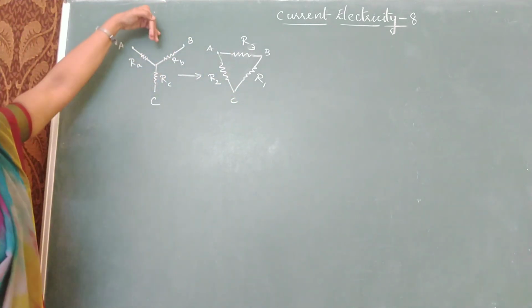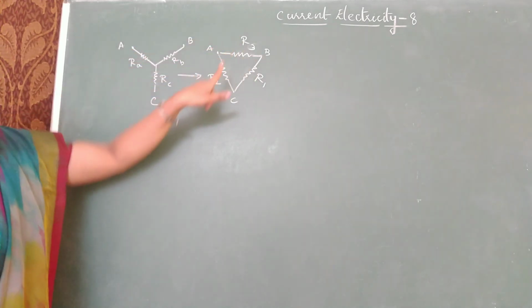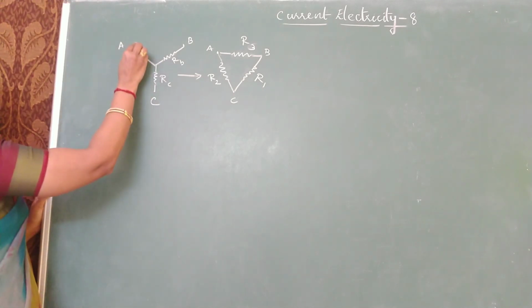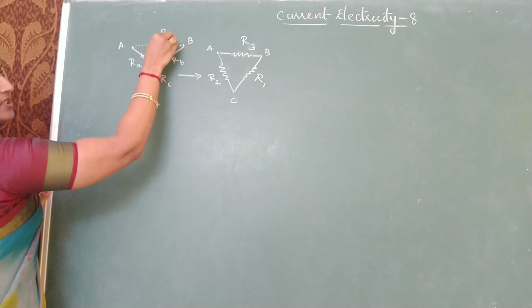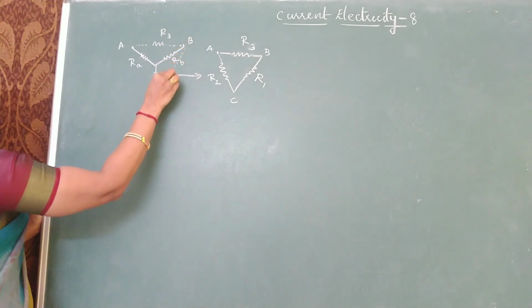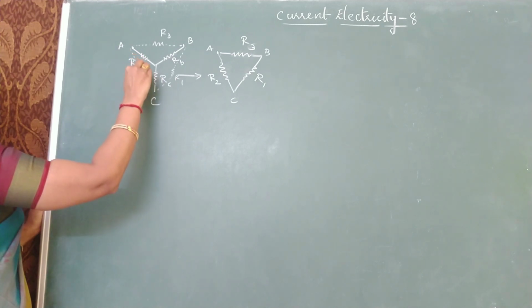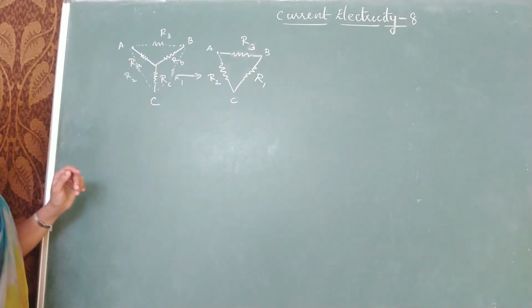So if you want to convert this network into this network, what should be the values of R1, R2 and R3? Here I will show them with dotted lines. This I am naming as R3, between these two it is R1, and between these two I am calling it R2. So look at the formulas.